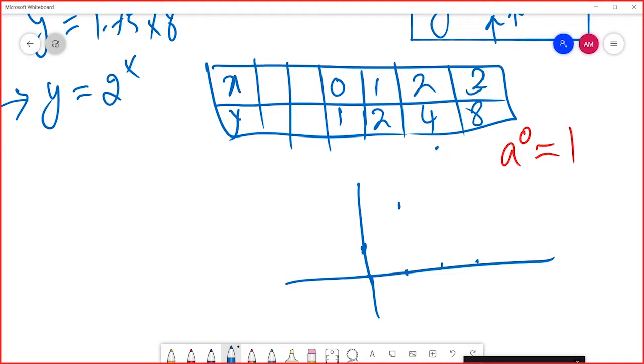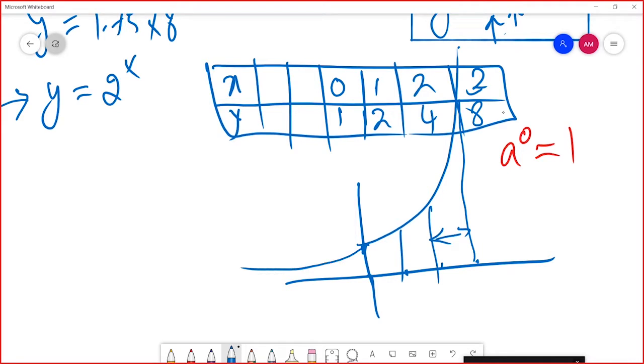And at 3, it is at something like this. So if I plot it, it is going something like this. Do you see this? Although my drawing is rough, the change is much higher as we move up in the exponential function. And this would keep going like this.